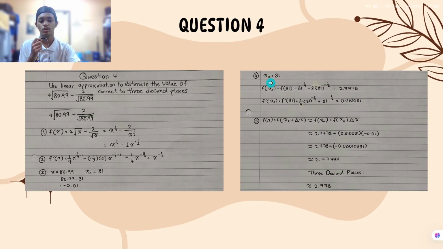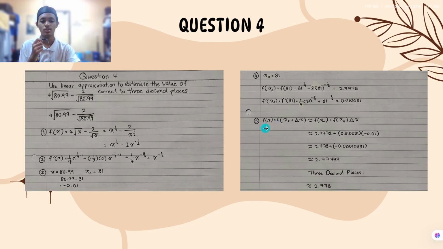Since we know x naught is equal to 81, we change x naught to 81, and then for the function before differentiation, we have 2.7778, and after differentiation we have 0.010631.